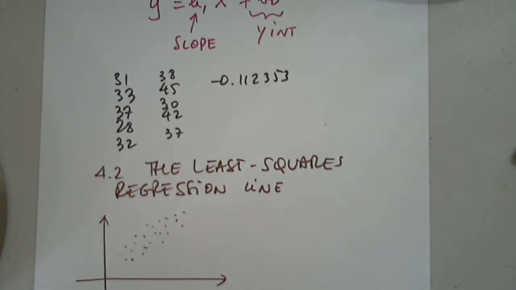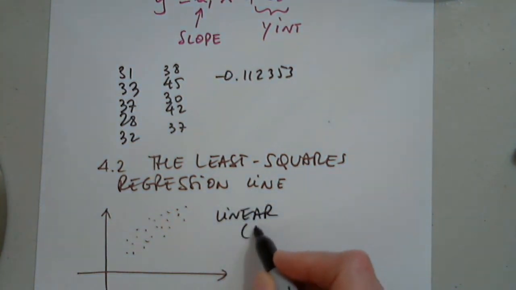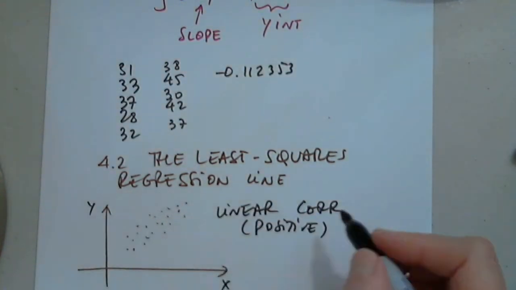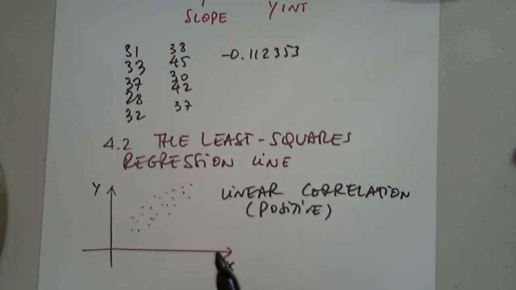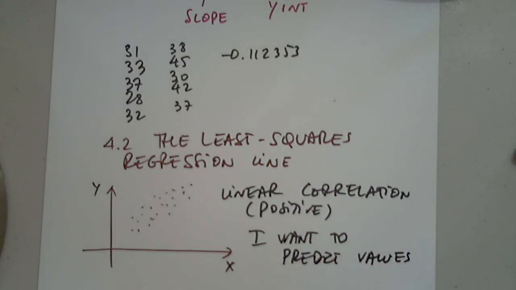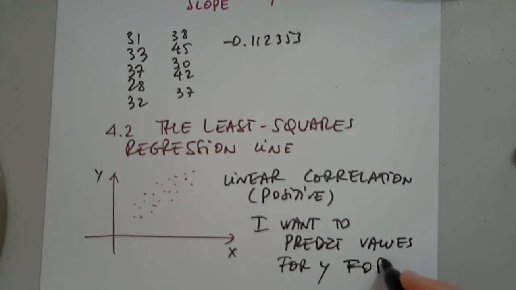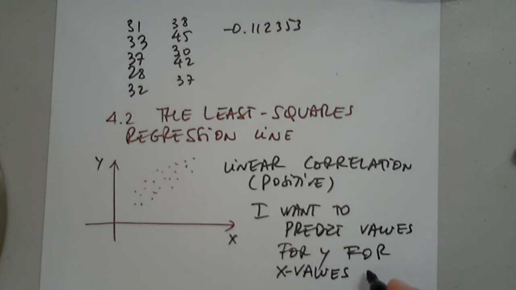I will say that this shows a linear positive correlation between X and Y. And the idea is here, I would like to be able to predict values for the Y variable, for X values that I'm interested in but that I do not have.